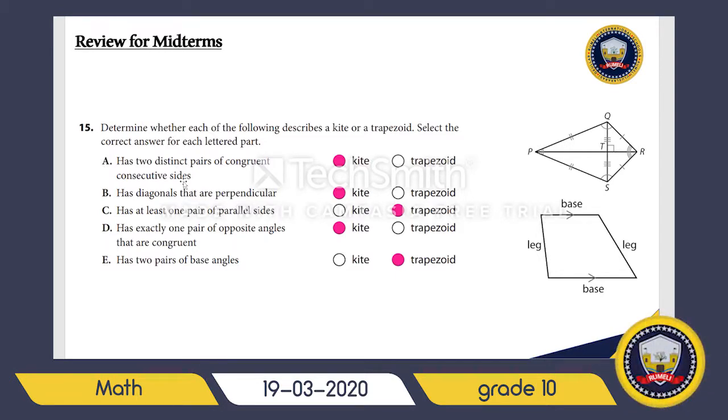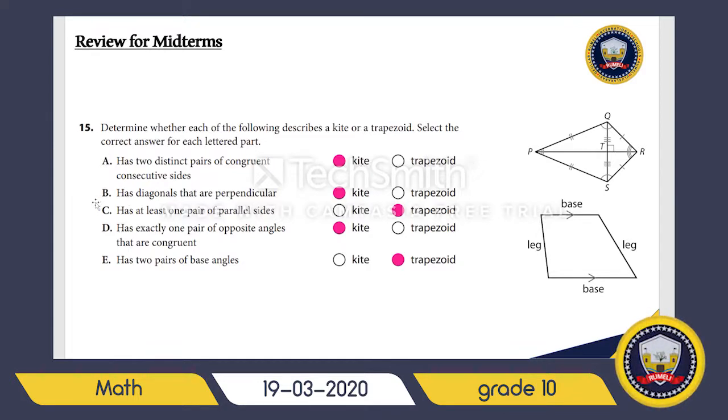Which property is this for? It's for the kite. I put here the two shapes for you to notice these properties. So it has two distinct pairs of congruent consecutive sides. QR and QP are congruent, but this is not true for the trapezoid. So this one is for the kite.